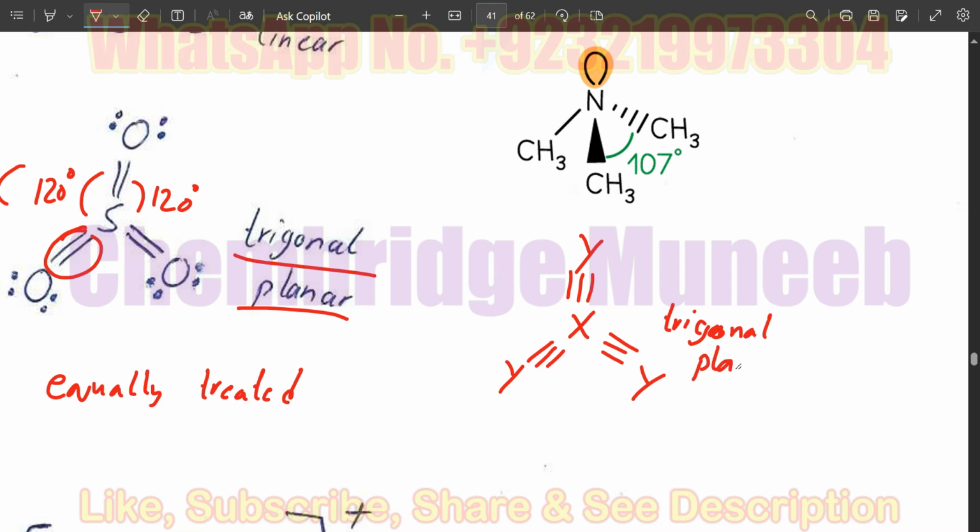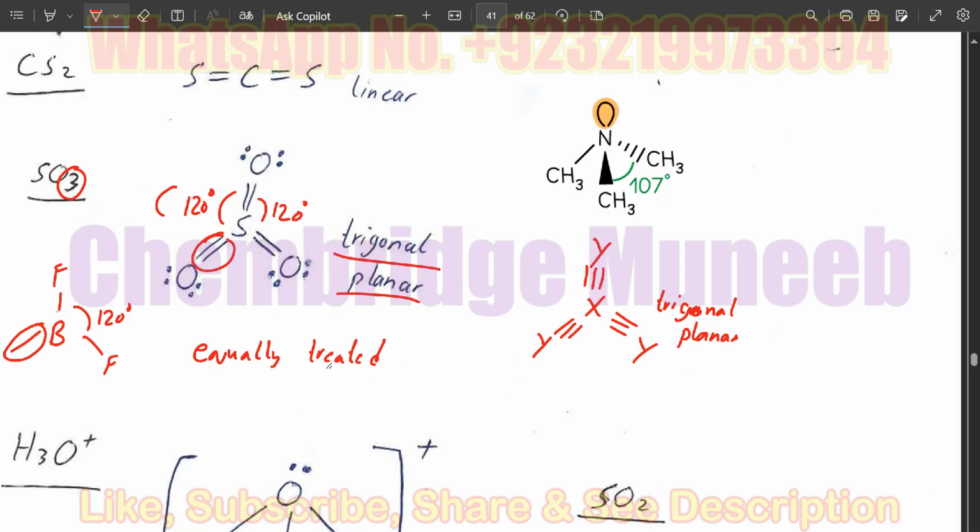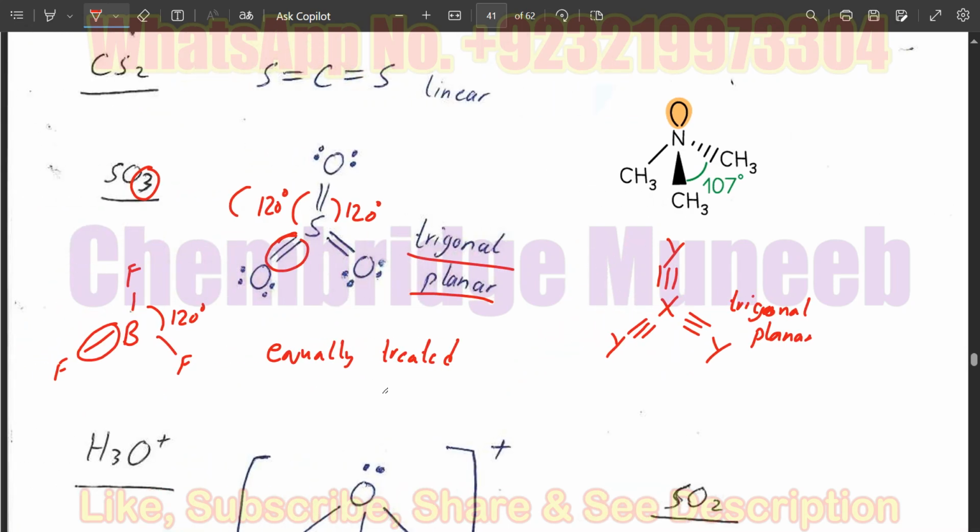The condition is that there is no lone pair around the central X atom. There should be no lone pair, and all of the pairs should be bonding. Only in that case will the shape of the molecule remain trigonal planar.